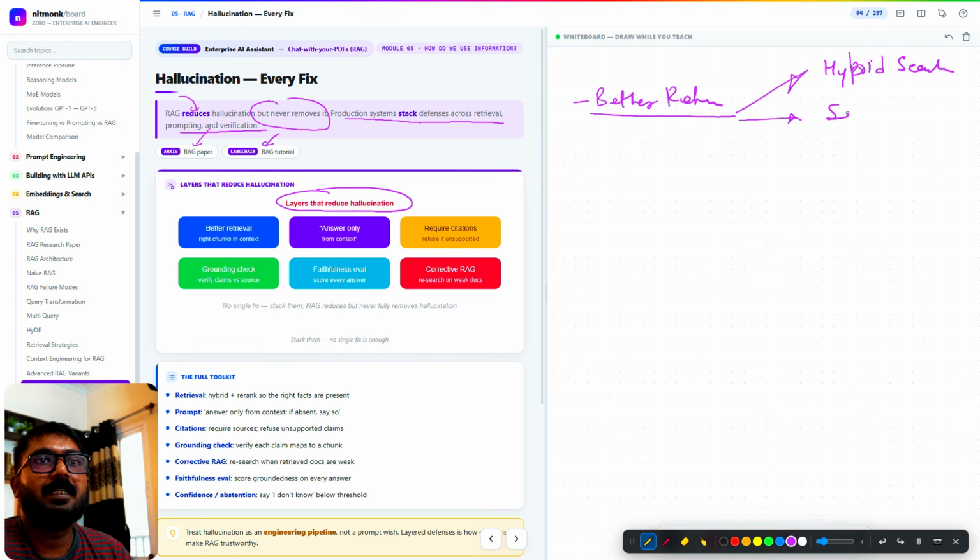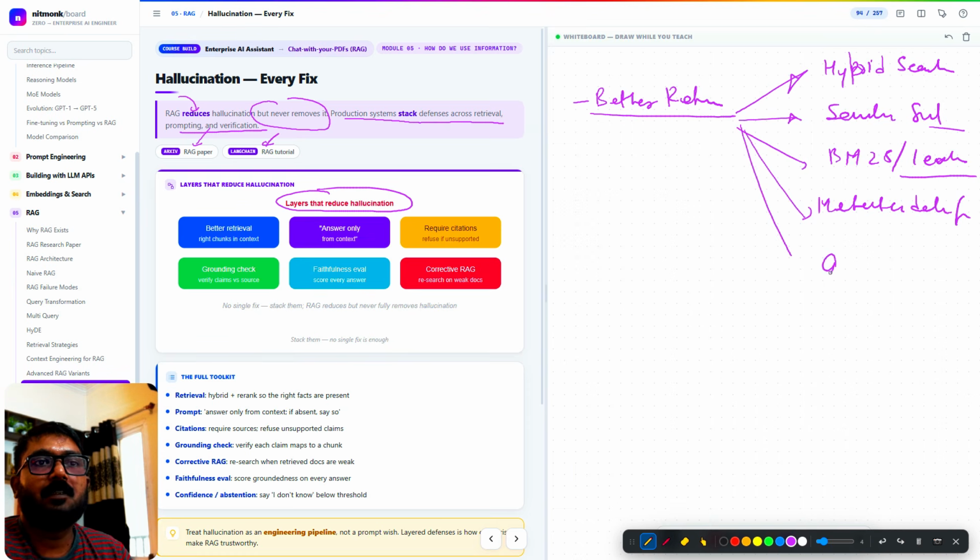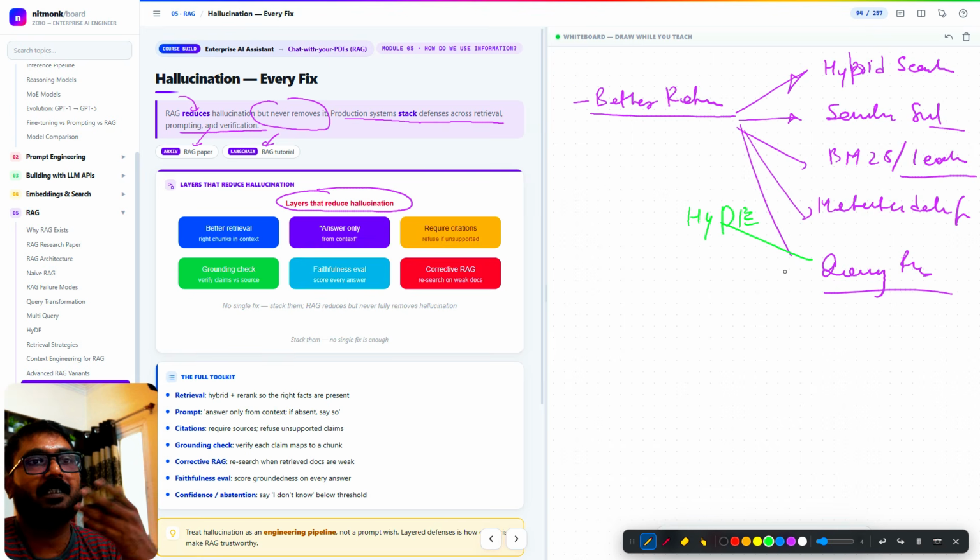Hybrid search: there is semantic similarity. Inside hybrid there is also BM25 lexical search, you could say. There is metadata filtering. There is query rewriting, and if you talk about query rewriting, there are multiple types. There is hypothetical document embedding, where we try to get an answer first and then use it.